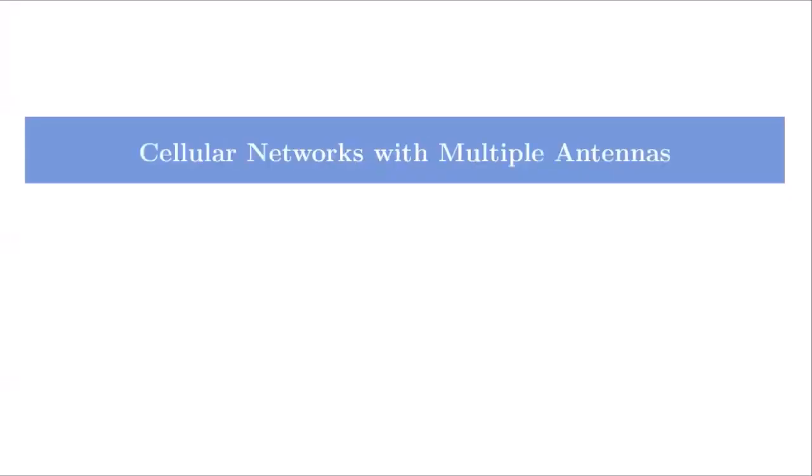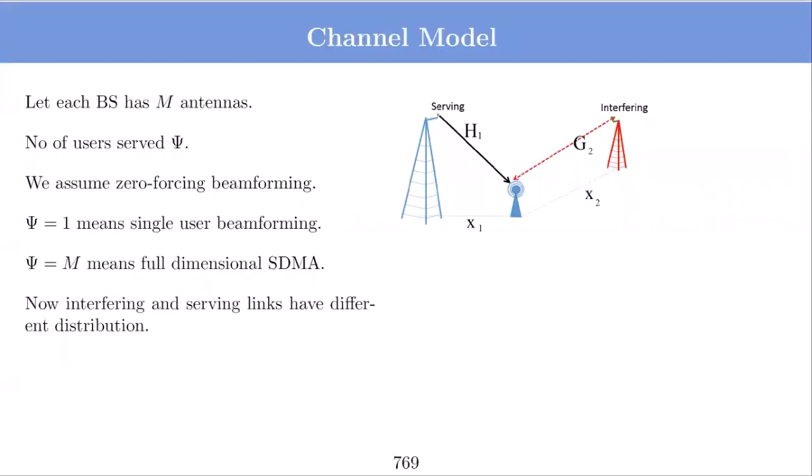So now we will see how we can compute the distribution of cellular network performance with multiple antennas. I'll explain the channel model for this. We assume that each base station has M antennas and the number of users served is psi.